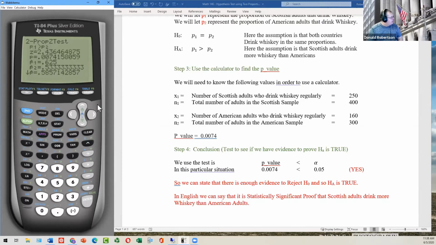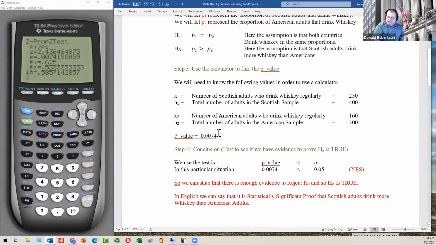And when I hit enter, here is the p-value, 0.0074. That's where that came from. Kind of cool. All you need to do is tell me how many people in the sample, how big was the sample, how many in the second sample, how big was it, and the rest is done for you. We now have the p-value.